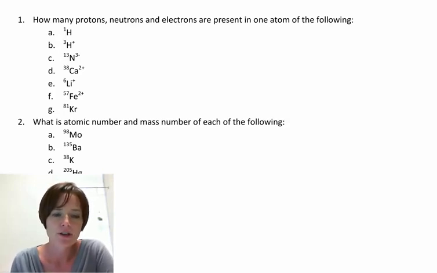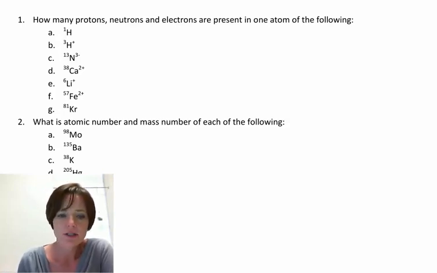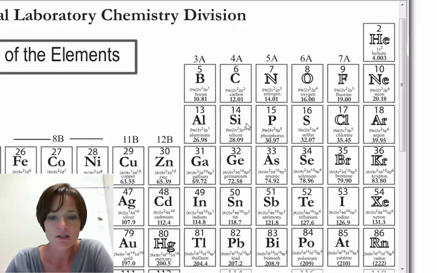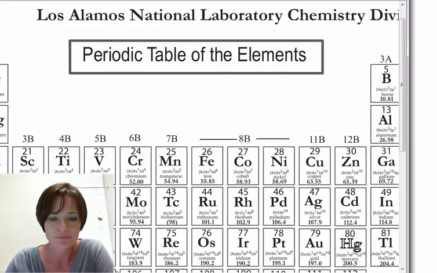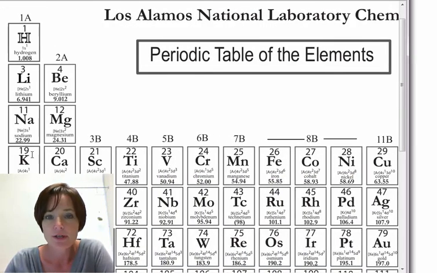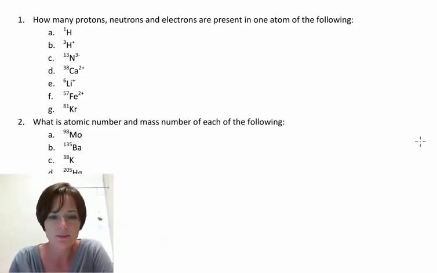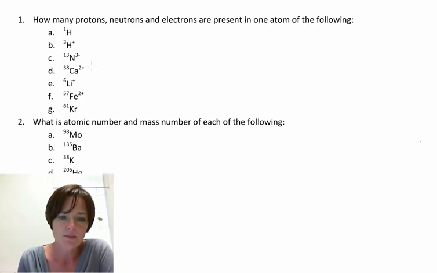Alright, so I've just cleared everything off to clean this up just a little bit. If we look at the very next one, calcium, we want to look at the periodic table to see what its atomic number is. So again, if we take a look at the periodic table, calcium's going to be over here. Notice that we have a 20 at the top of the box. So that means that the atomic number is 20, and more importantly, it means that it has 20 protons.